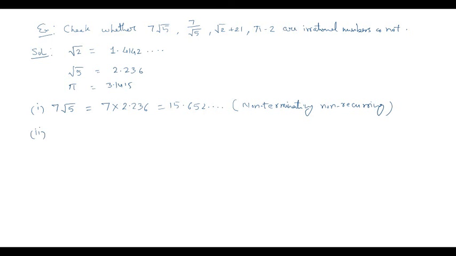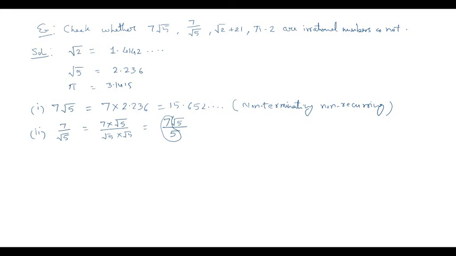The second one is 7 by square root of 5. If we multiply square root of 5 on both the numerator and denominator, we will get 7 times square root of 5 upon square root of 5 into square root of 5. So we will get 7 times square root of 5 divided by 5. Here we have the rational number 7 by 5 multiplied by the irrational number square root of 5.